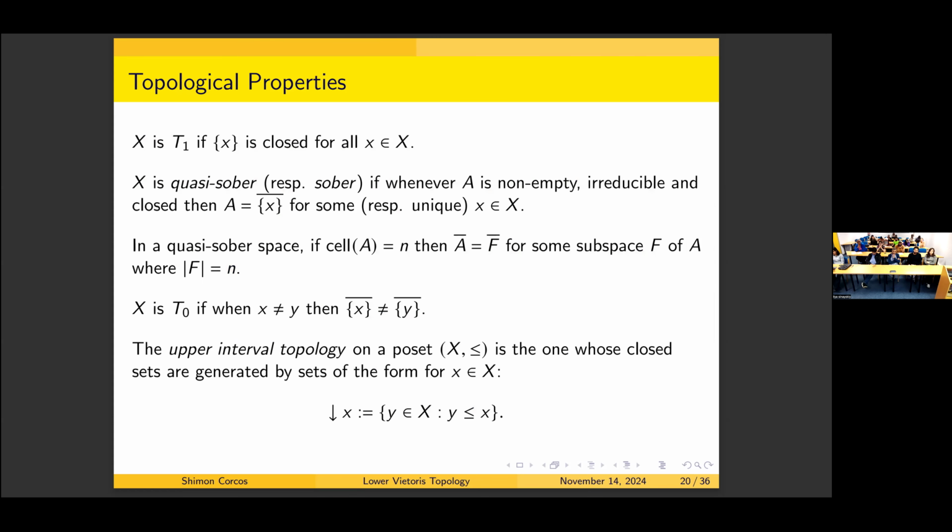We say that X is T0 if distinct points have distinct closures. And these are listed in order from strongest to weakest property.